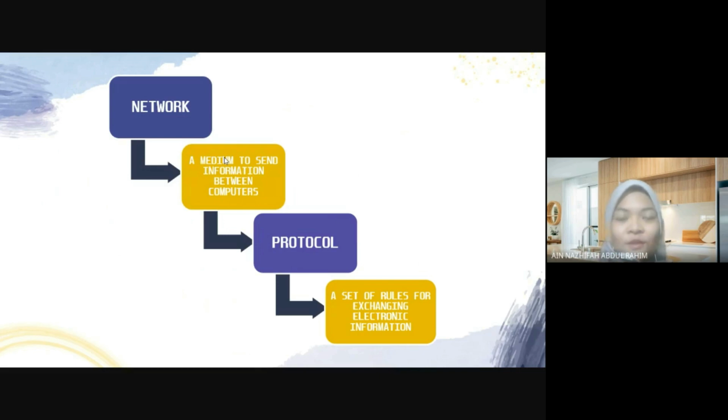You can just imagine you are on a highway. While driving on the highway, of course you will see some rules that you need to follow on the road. So this is how the network and protocol work together.